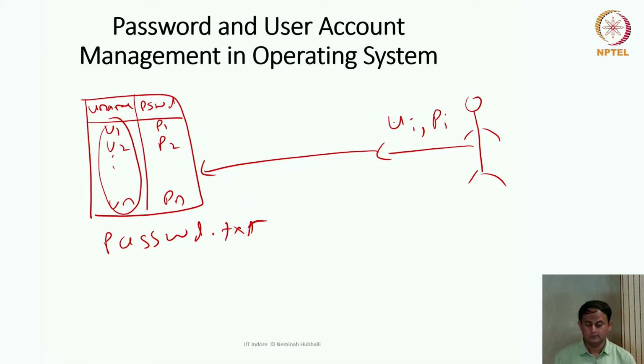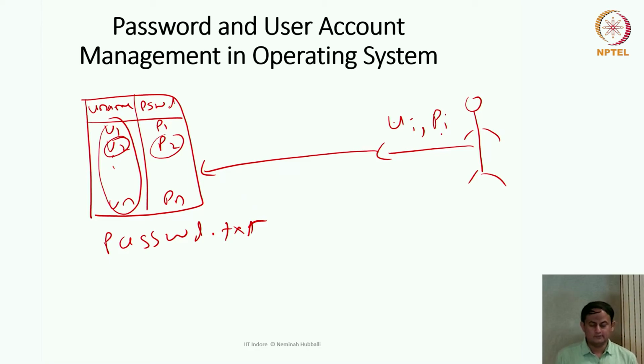If, let's say, U2 matches and the supplied P is checked against P2, and they match, then the system says the password is matched and the user is authenticated. So this user is allowed to log in.